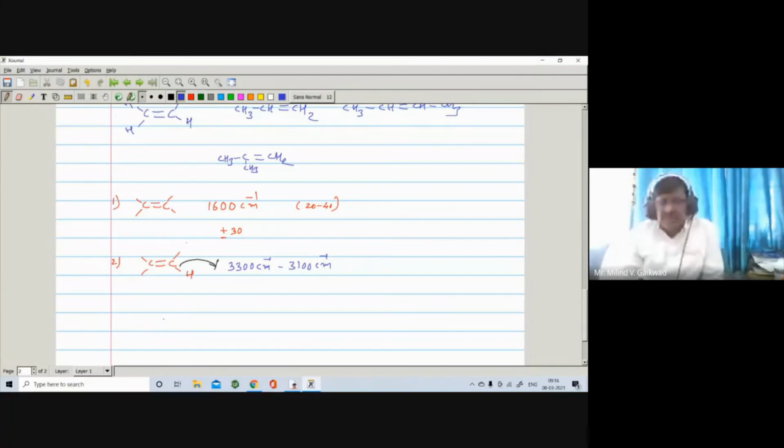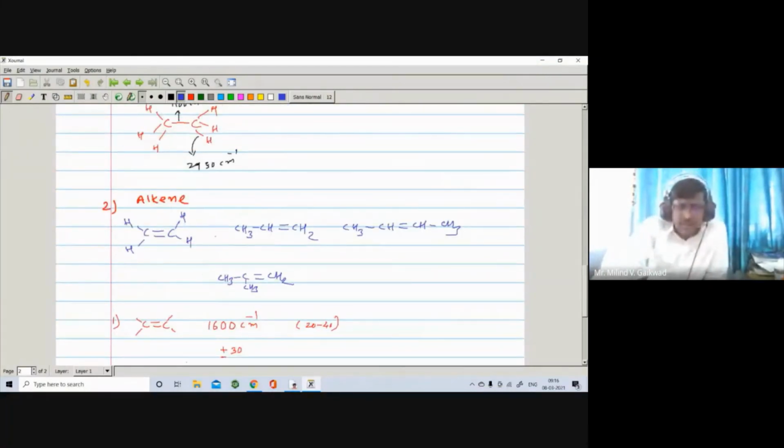One more thing: the alkene in this case may be monosubstituted, disubstituted, or trisubstituted, and depending on that we can find out which it is.